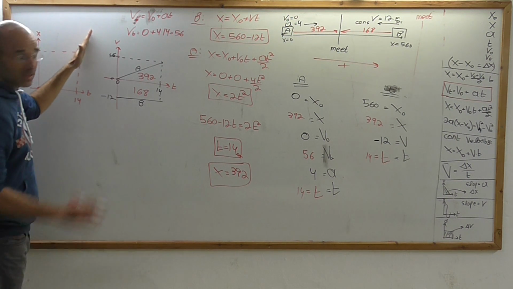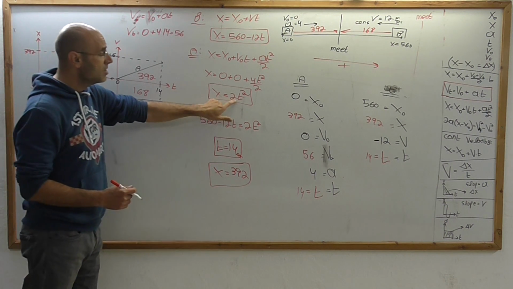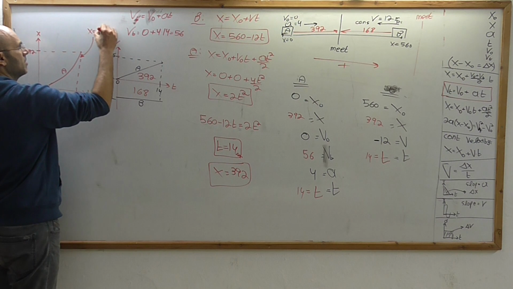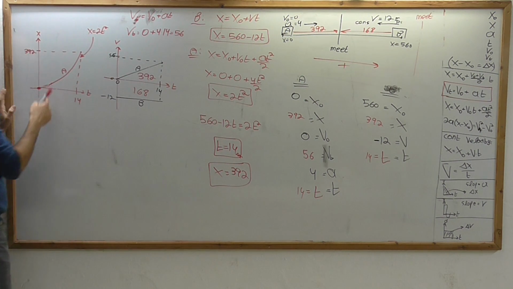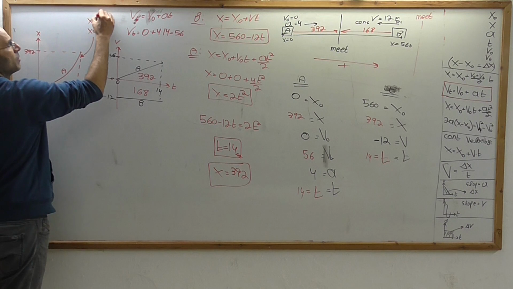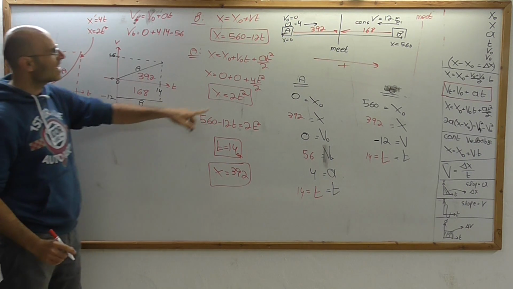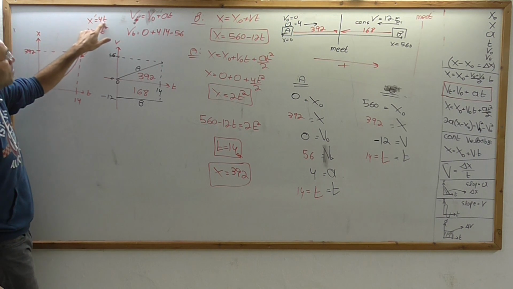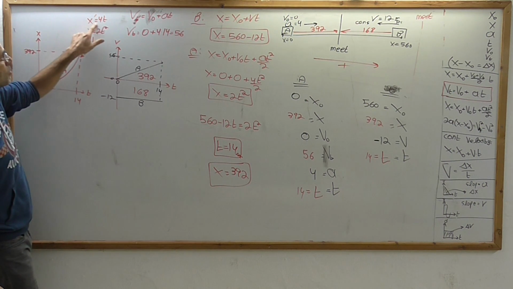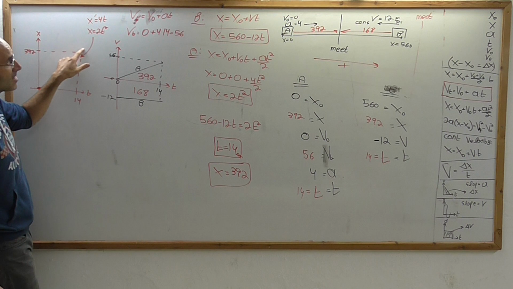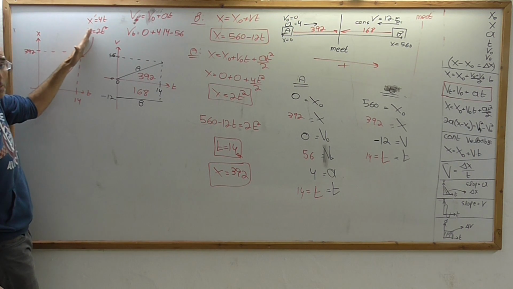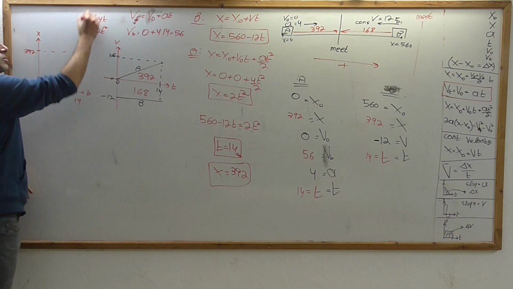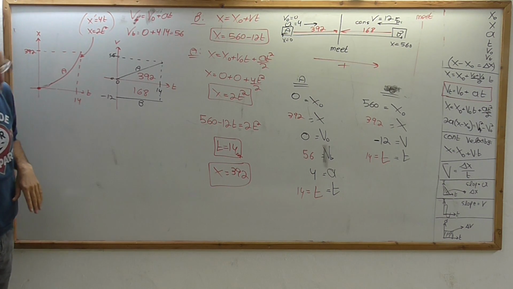Again, if you want to see it in higher math, this is the equation for this graph. If you differentiate it, you get 4t, which is exactly the velocity. If I place 14, you get 4 multiplied by 14, which is 56. 56 is exactly the slope here. If I want the slope at another place, I can use another t. But usually you will not be asked for that.